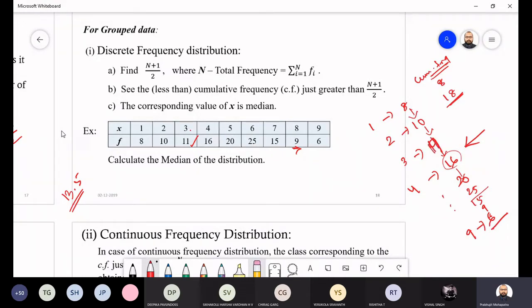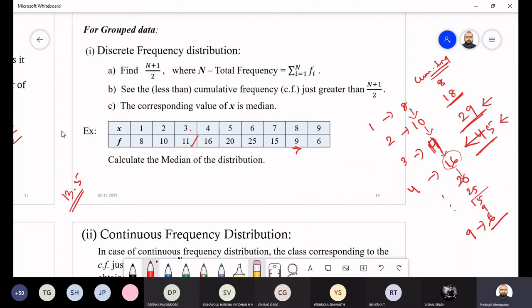Next is 11, so 18 plus 11 is 29, so up to this 29 observations are there. Then 29 plus 16 is 45, so up to there 45 observations are there.